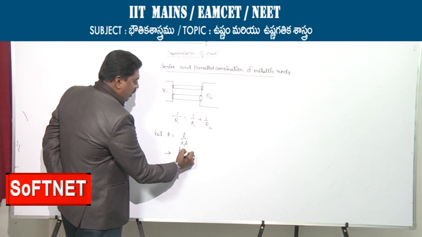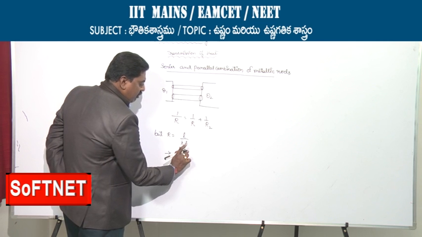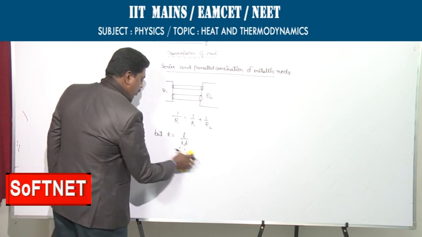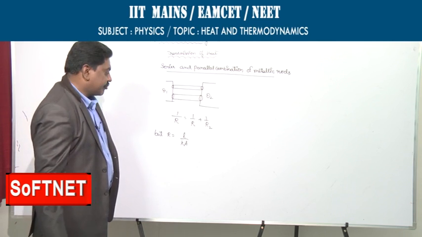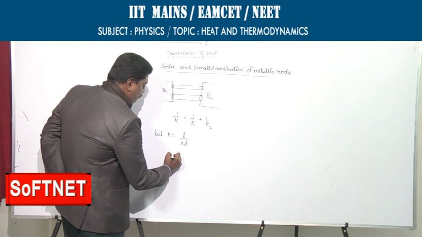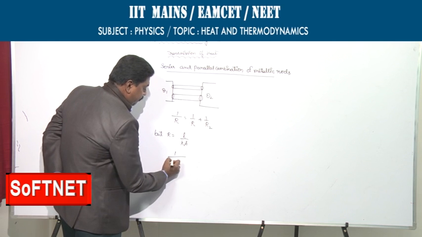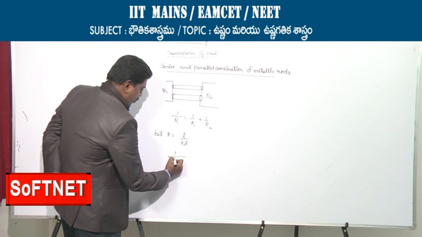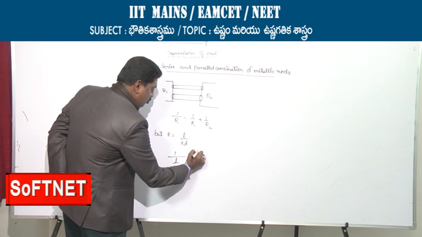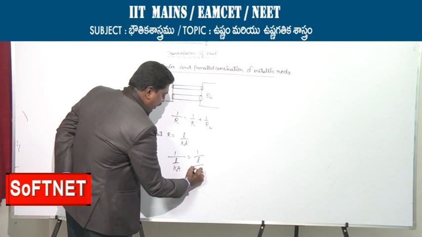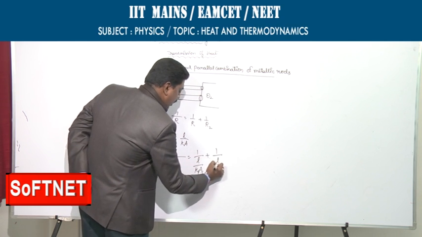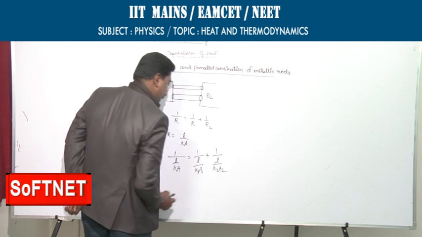On substituting, we have 1 by (L by K A) equals 1 by (L by K1 A1) plus 1 by (L by K2 A2).